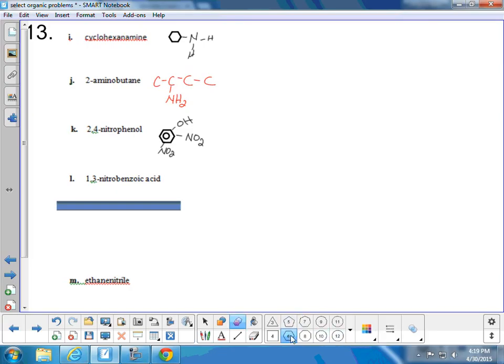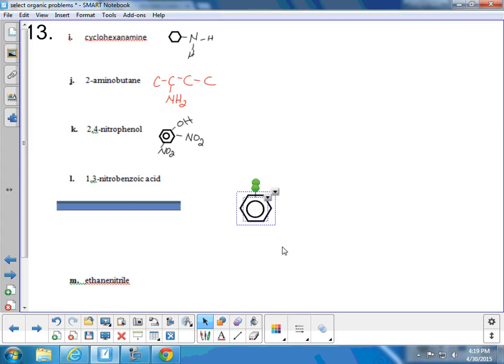So I need another hexagon. Oic acid is a carboxylic acid. It's going to be on the very first carbon. Which one is the very first carbon? Whichever one we want it to be.